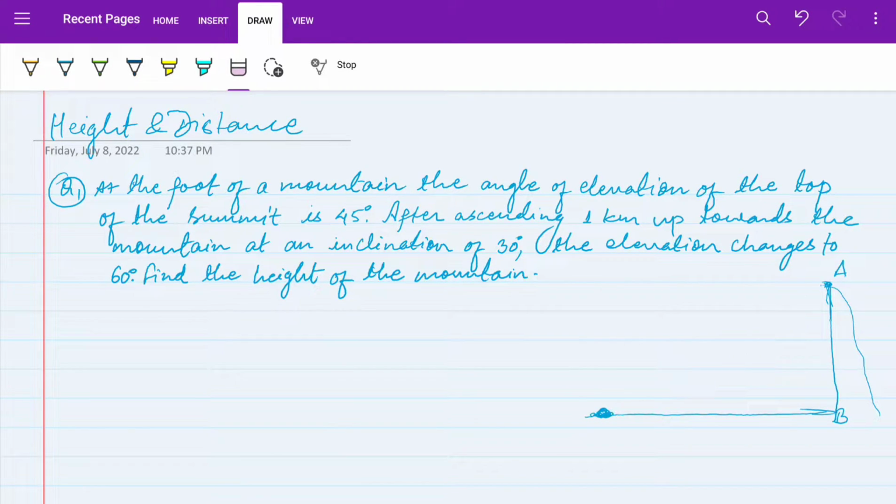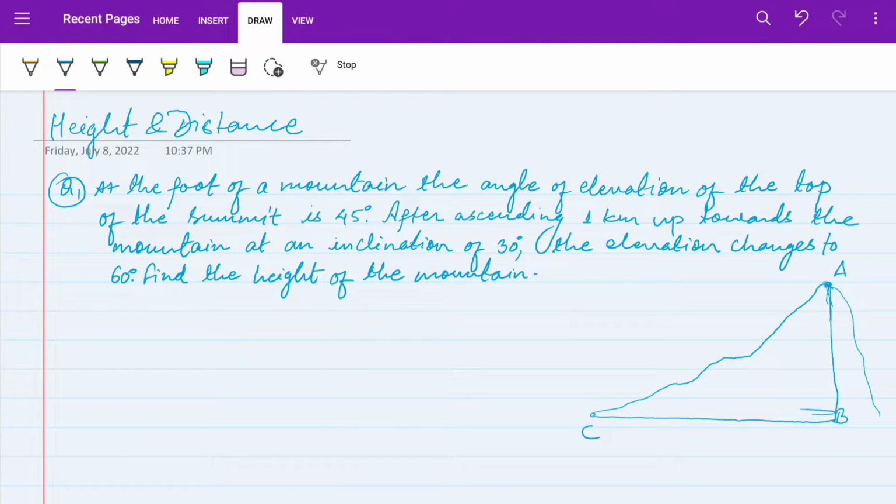Now from the foot of the mountain, we are looking at the top of the mountain here, we are viewing it. So this is a little bit not good, so let's make it even. So the mountain is like this, consider it this way. Okay, now point C is the point from where we are viewing the top of the mountain.